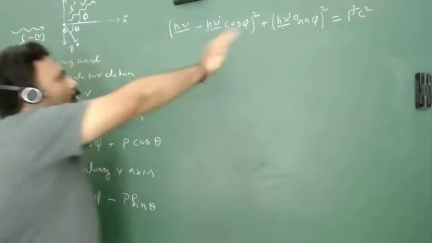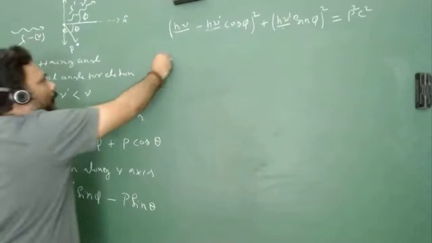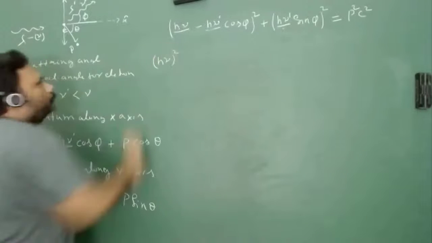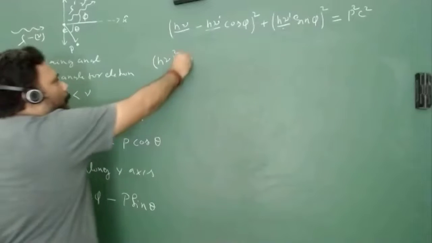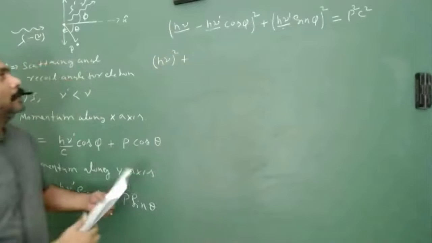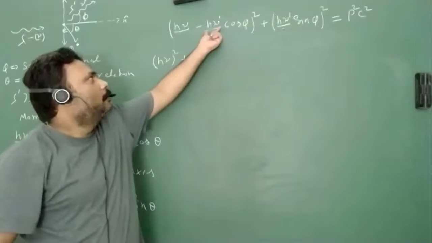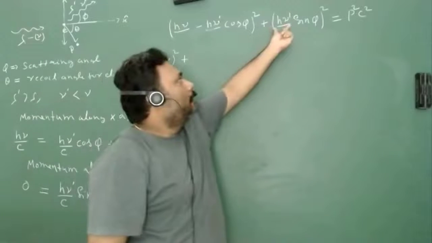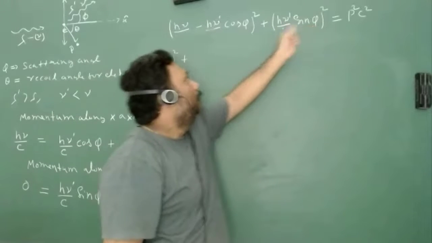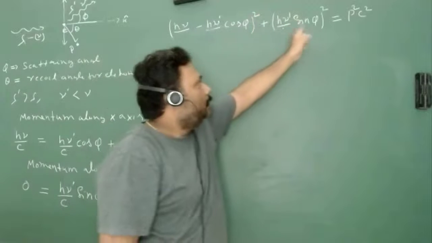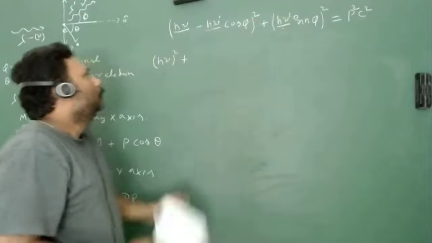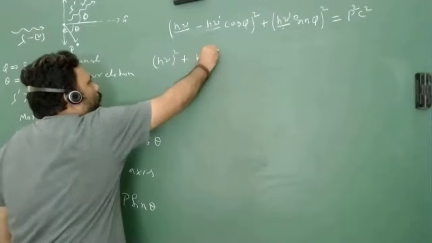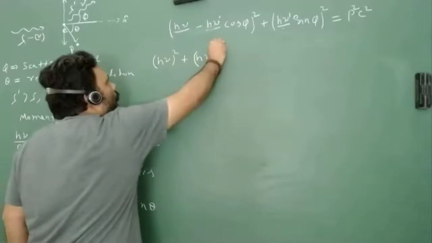Now I can just open it up. If we open it up, then we have h nu square plus, please look here, h nu dash square cos square phi and h nu dash square sin square phi. So cos square phi plus sin square phi is equal to 1, so this value is also h nu dash whole square.